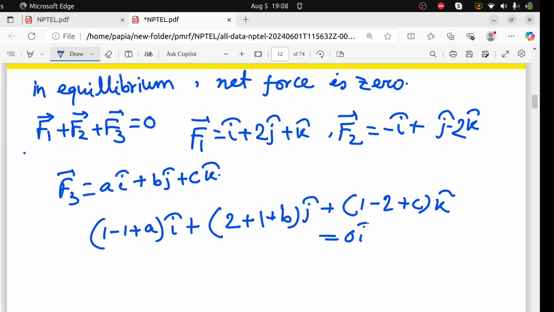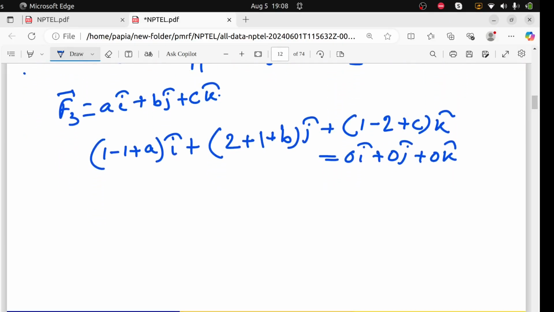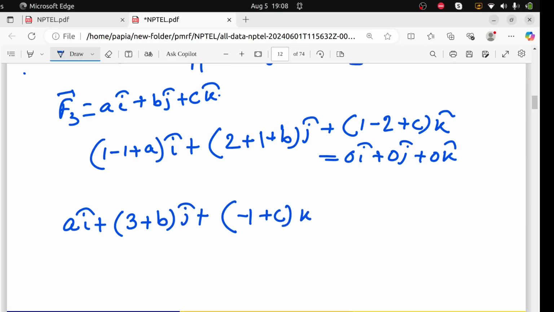That is 0 I cap plus 0 J cap plus 0 K cap. So the answer is A I cap plus 3 plus B J cap plus minus 1 plus C K cap is 0.